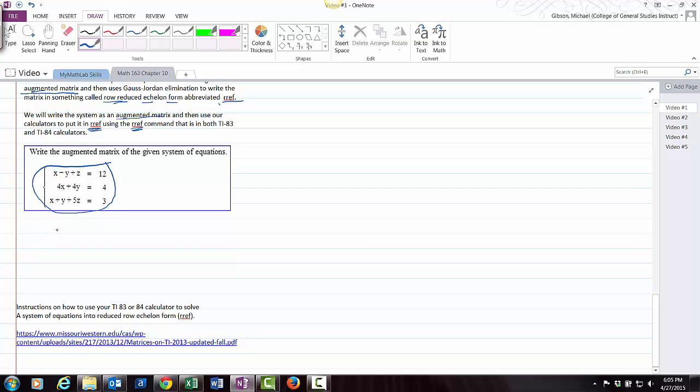So this first equation is 1, minus 1, 1, and then we get to where the equal signs are, so I'm going to draw a vertical bar through all three lines, and then 12. Second equation, there's no x, so there's a 0, and then 4, 4, 4. Third equation, 1x, 1y, 5z, and a 3. There's the augmented matrix, that's it.